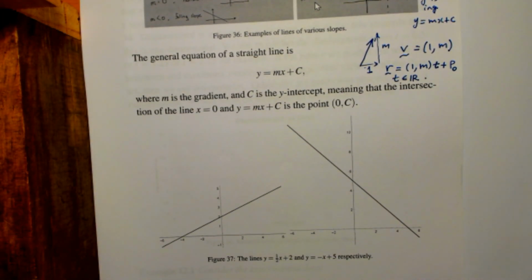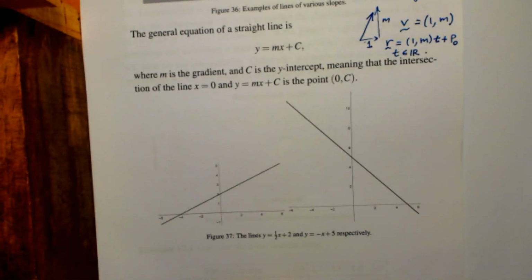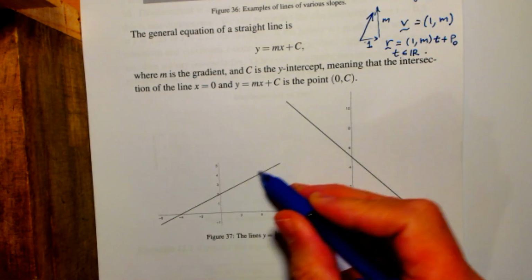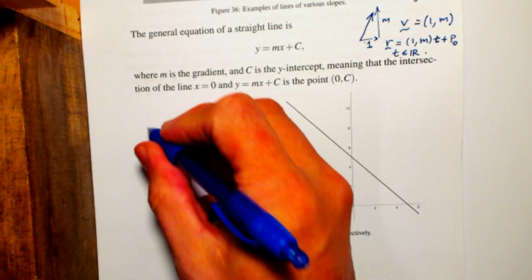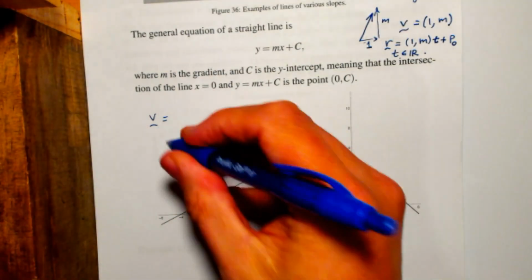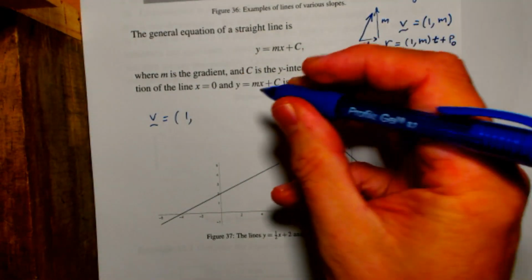So let's have a look at some examples here in figure 37. On the left we have the line y equals 1/2 x plus 2, and on the right we have the line y equals minus x plus 5. So just out of interest, I'll give you the vector equations of these lines. So we've got vectors parallel to this line are given by v equals (1, m).